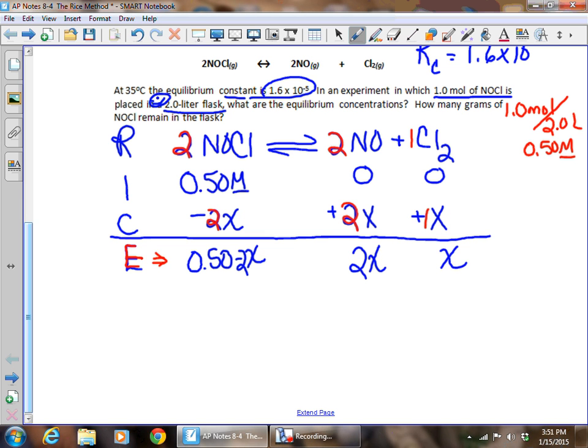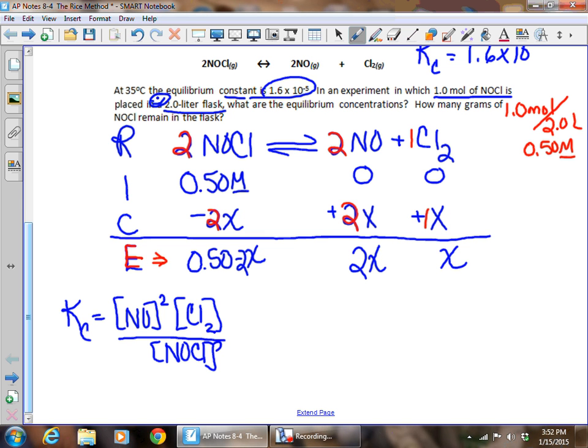And what is our equilibrium expression here? Kc is equal to the concentration of NO squared times the concentration of Cl2, we've done this before, over the concentration of NaCl squared. And up above, remember, it gave us that Kc was 1.6 times 10 to the negative third.